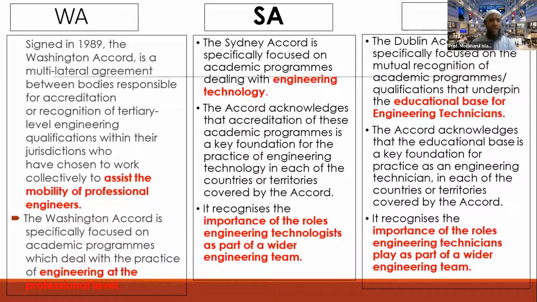So what are actually the concerns of the Washington Accord, Sydney Accord, and Dublin Accord? They have some common aspects, but especially the Washington Accord assists the mobility of professional engineers. They are concerned with professional engineers and engineering at the professional level.